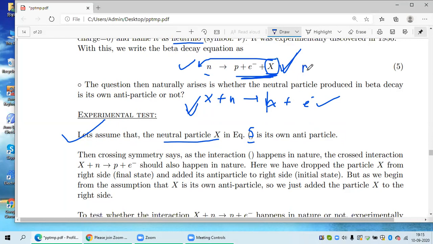If other neutrons are present, then there is a high probability that this X hits the other neutrons in its neighborhood, and this reaction should happen. So you should get again some electrons from this reaction, other than electrons from the neutron decay.